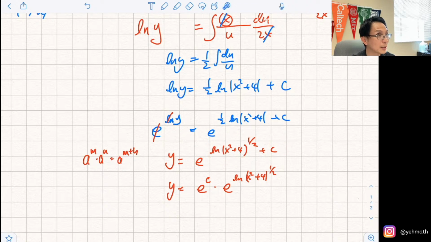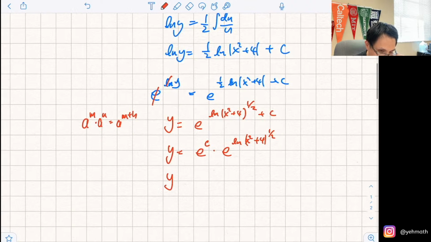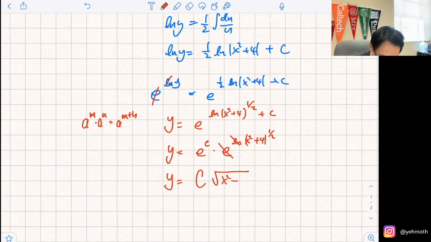So that means e to that term and e to the second term. So e to the c is also known as a number. And that number we don't know, we're just going to call it c. Sometimes people say it's a k, but you don't have to say k, you can just call it big C. Big C times e to the ln is going to cancel out. So that's going to be the square root of x squared plus 4.